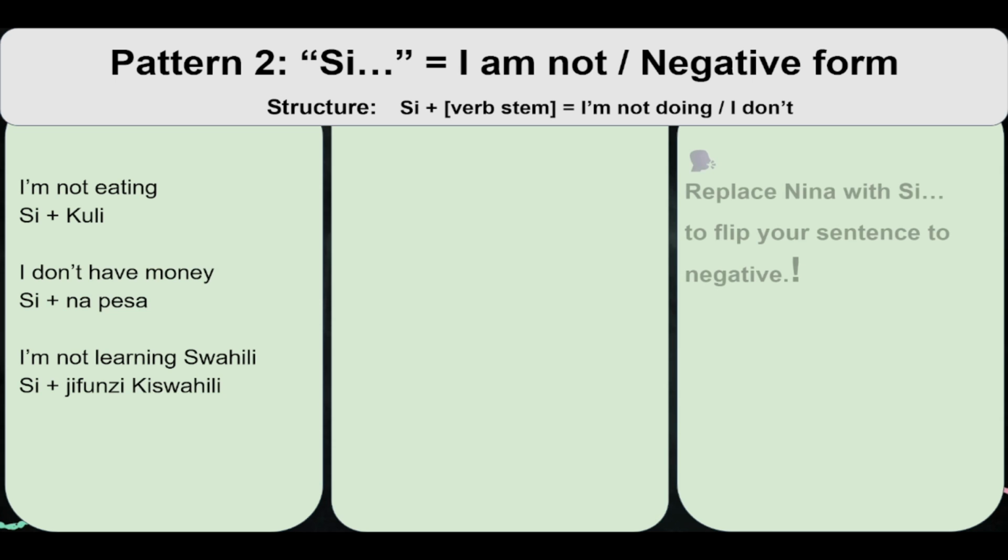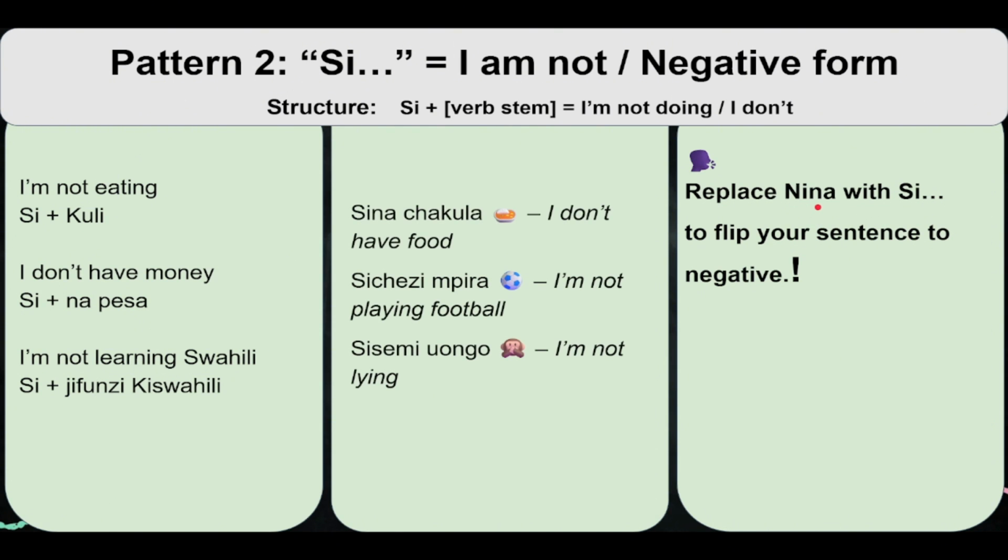Sijifunzi Kiswahili. The tip I have for you here is replace Nina with si. That's pretty easy. So the first pattern was Nina. To make any sentence that is using Nina negative, you just change the Nina for si, and it becomes a negative, right? Okay, a few more practice here.